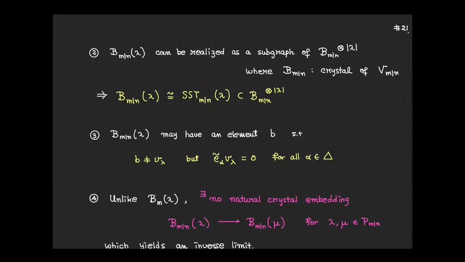We start from the natural representation, and then we consider the tensor product. For each tableau, we read the entries of the tableau in a certain order. Then we embed this word into a tensor product of the crystal of the natural representation. Then it has a well-defined crystal structure, and it is shown that it is isomorphic to this crystal.